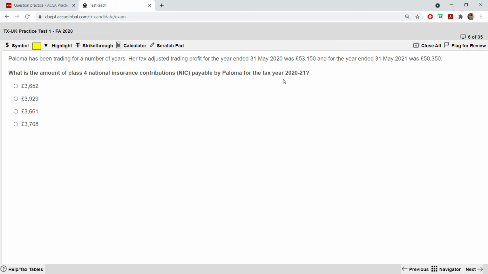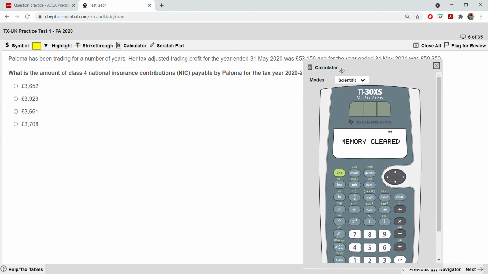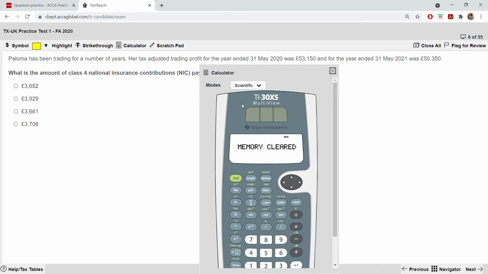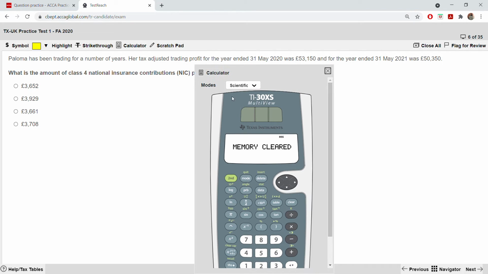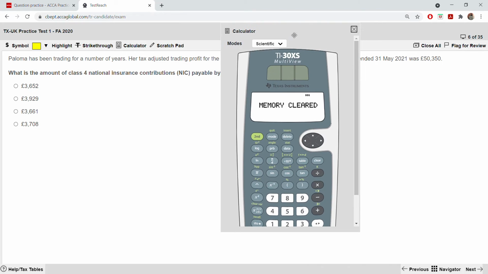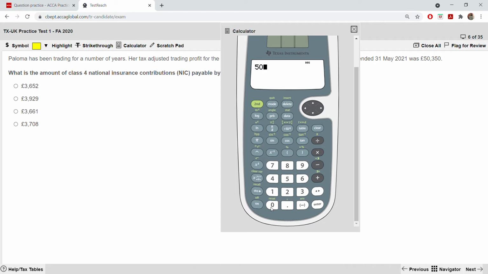So how do you calculate it? Let me take the calculator out. You have to know the limits, upper limit and lower limit. So first, the upper limit, it will be 50,000.